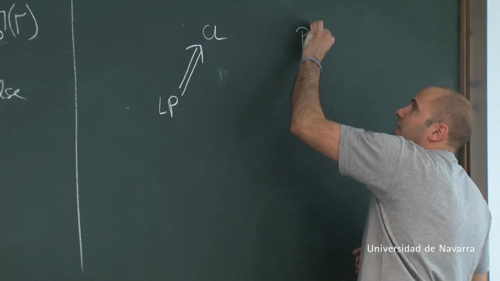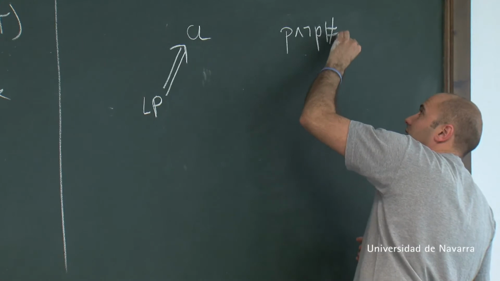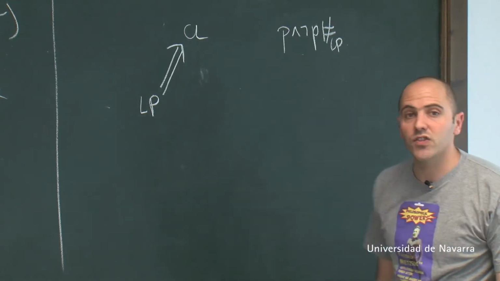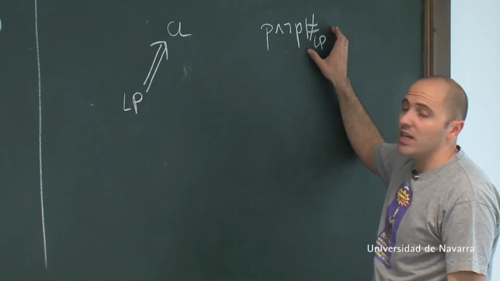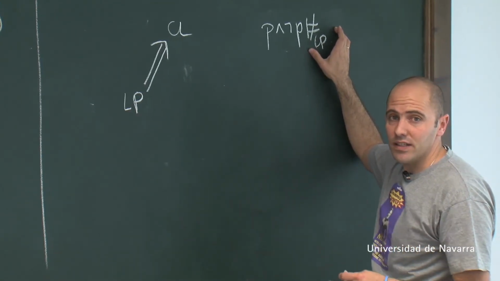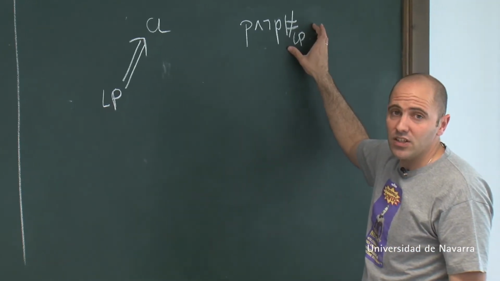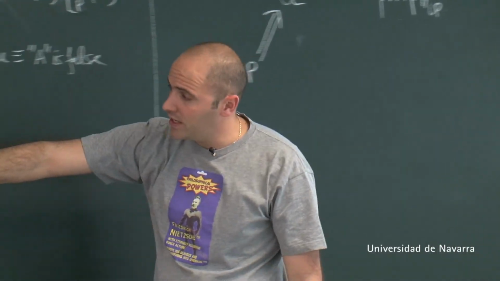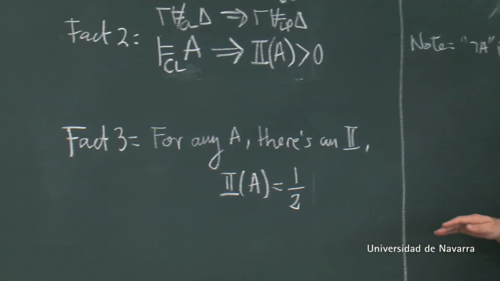Because in particular, as we pointed out before, this inference is not LP valid, right? Why? Because being LP unsatisfiable means taking 0 in every interpretation. And in LP interpretations, this is fact 3. Any sentence can take the middle value, right?